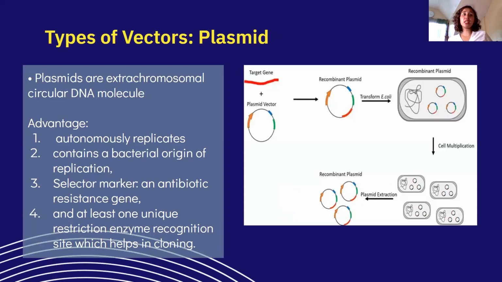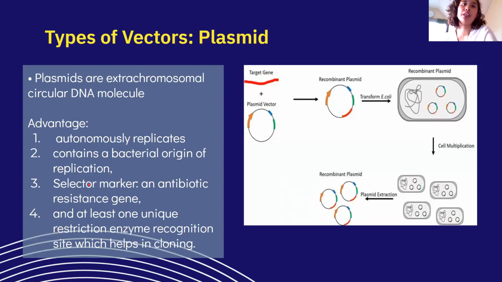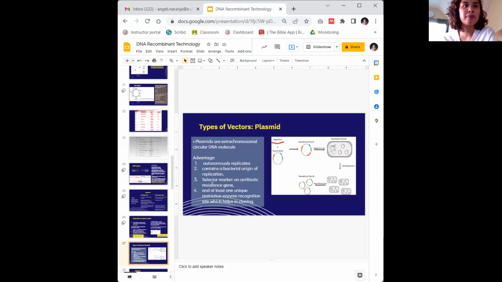So advantage, it could replicate on its own. It has an origin of replication. It has a selectable marker.